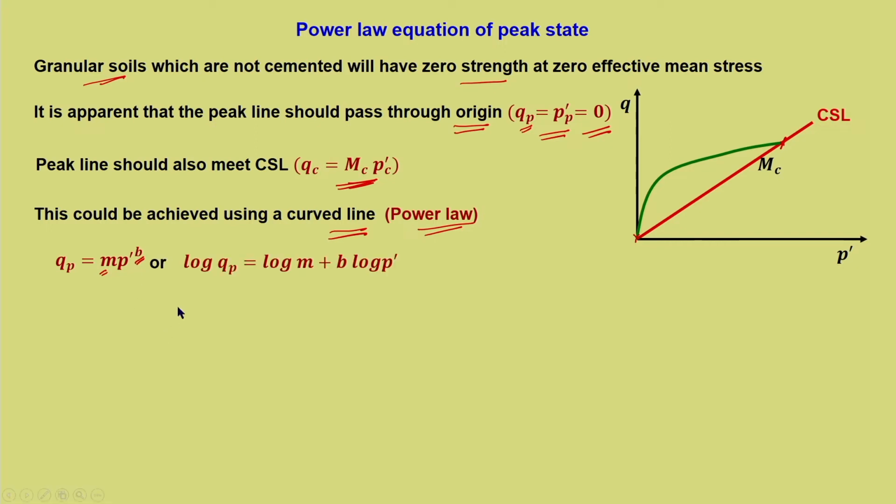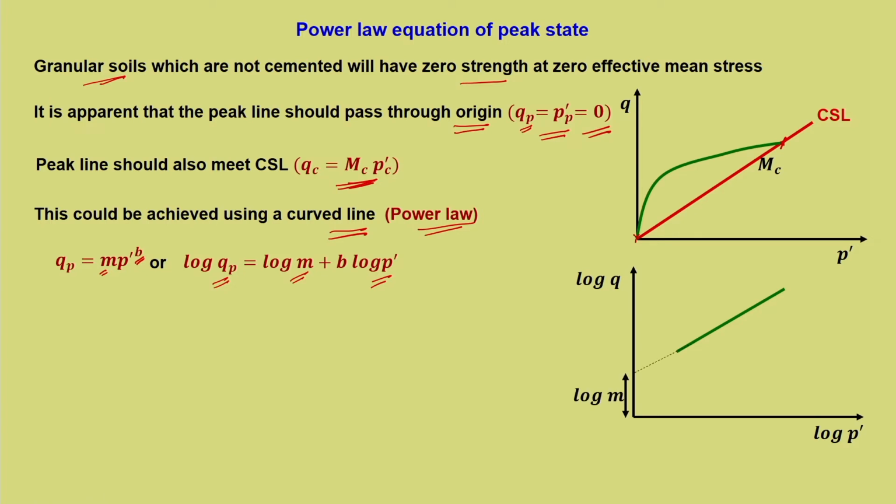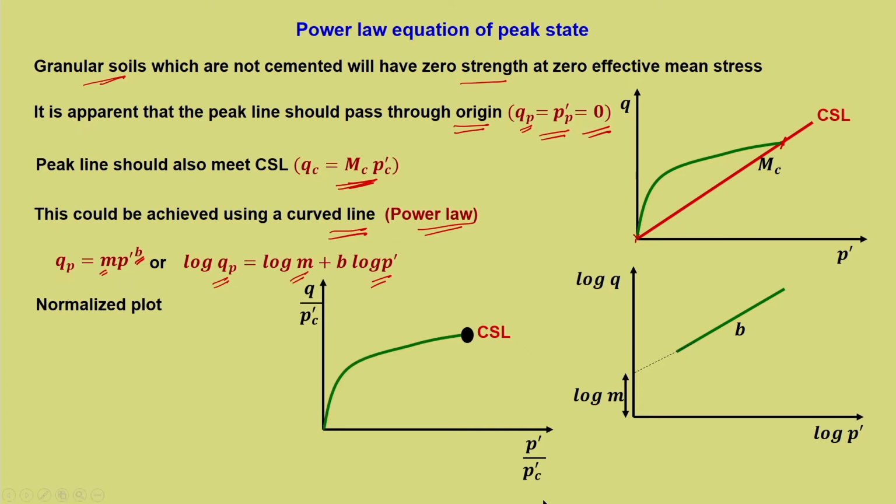In log, we can also write this as log qp equal to log m plus b log p', and that can be represented as a straight line, because on a log plot it becomes a straight line, and in the normalized plot we can write q/p'c, p/p'c.